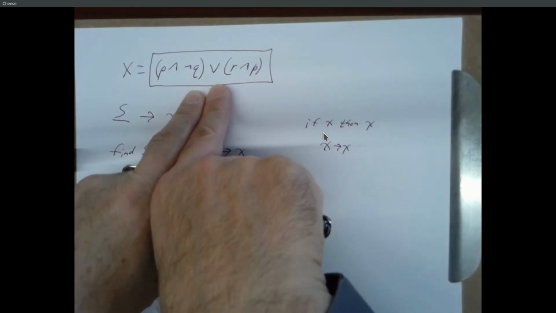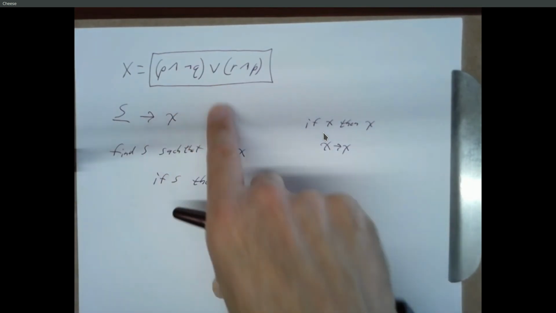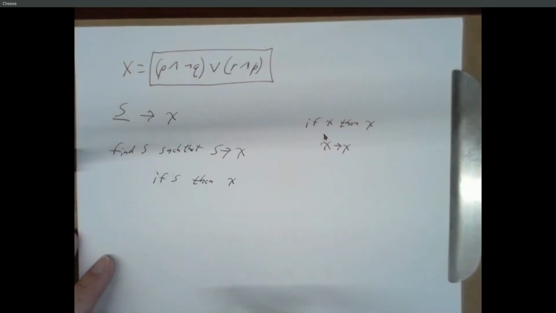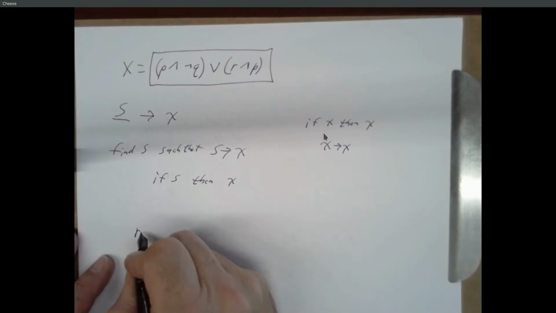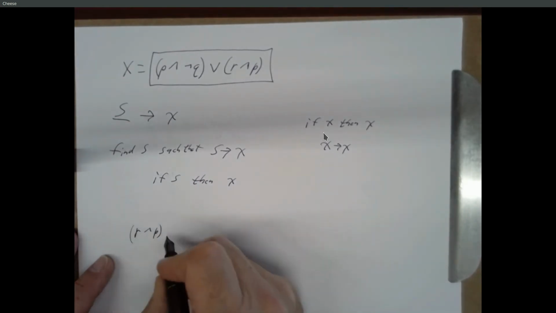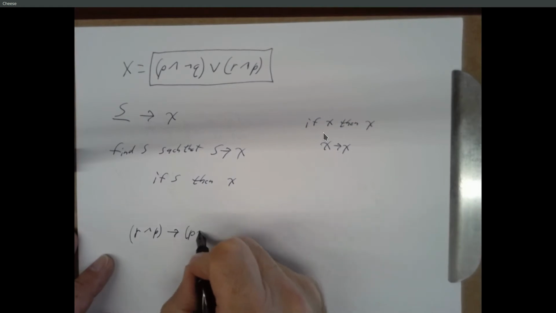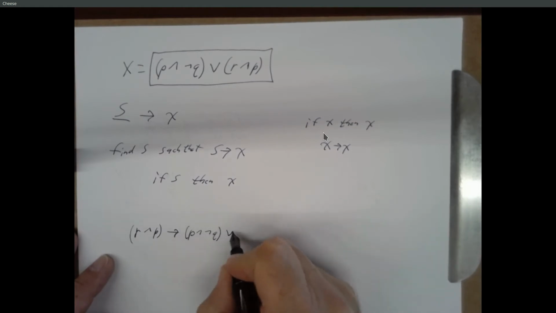There's a bit of an easier way to do this also. Because there's two statements with an or in between them, you know that if one of the statements is true all the time, then X is also true all the time. Right. So this is something about the property of this disjunction, this or statement. If, for example, R and P is true, then there's no other possibility except to conclude that this longer thing is also true.